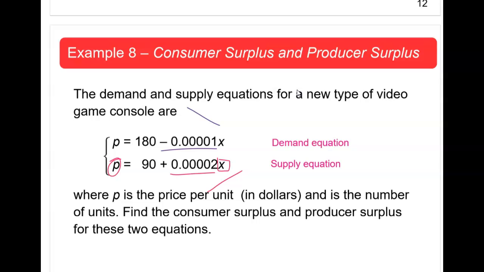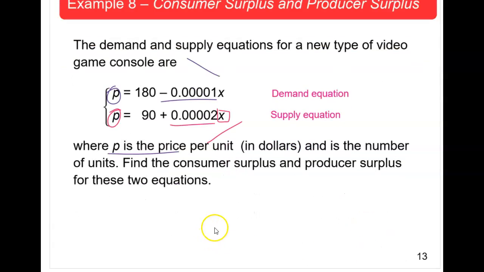So the place where those two are going to have an equilibrium point will be where they intersect. So we have this again. P is the price per unit, and x is the number of units, and we have to find the consumer surplus and producer surplus for these two equations.